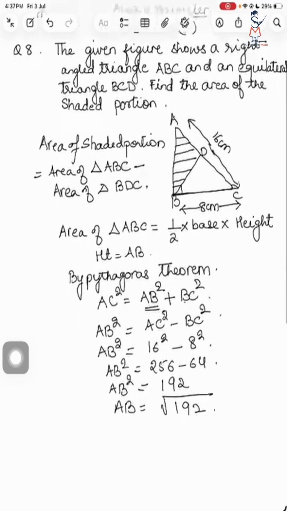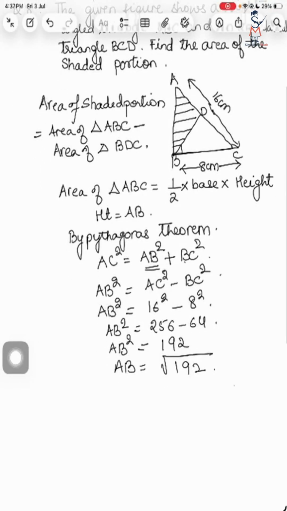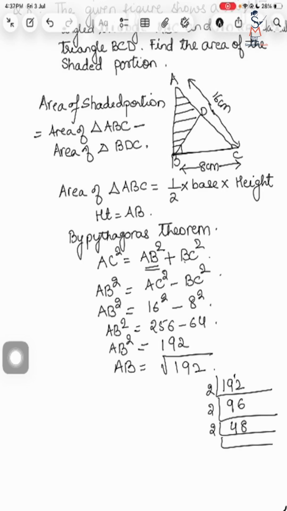Now I'll tell you how to find the square root. What we do, we factorize the number whose square root we have to find by its prime factors. So 2 is a prime number: 2 9s are 18, then 2 6s are 12, 2 4s are 8, 2 8s are 16, 2 2s are 4, 2 4s are 8, 2 6s are 12, 2 3s are 6.